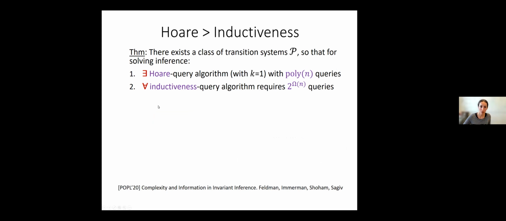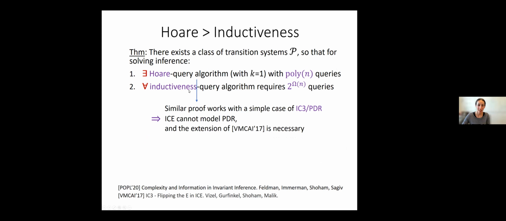And I showed the upper bound using an interpolation-based algorithm, but actually we can do a very similar proof using a simple case of IC3 PDR. And this really shows that there is a gap between these two models, and specifically it shows that IC3 cannot really be captured by the ICE framework, remember that I said that the inductiveness query model is basically the ICE framework.